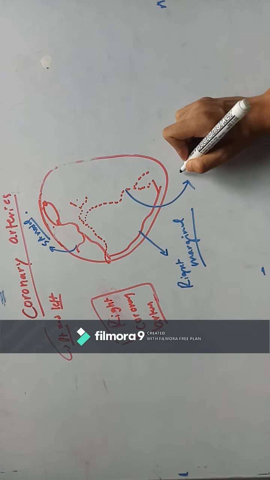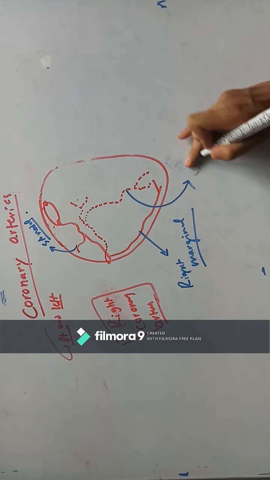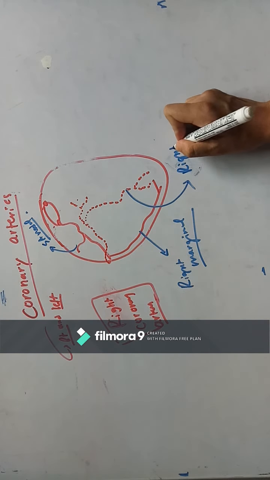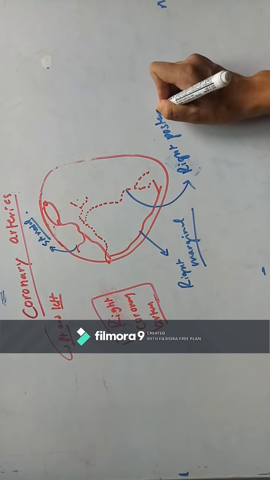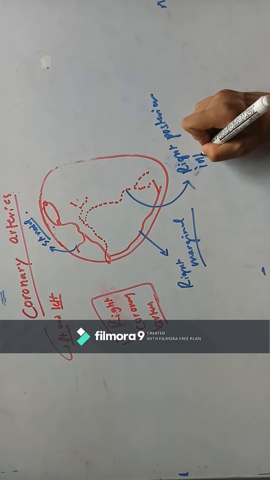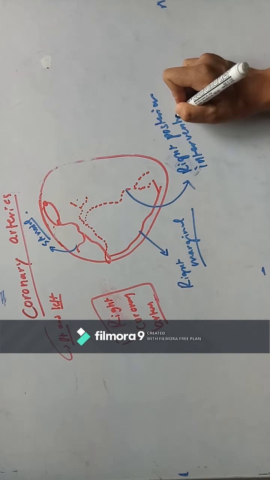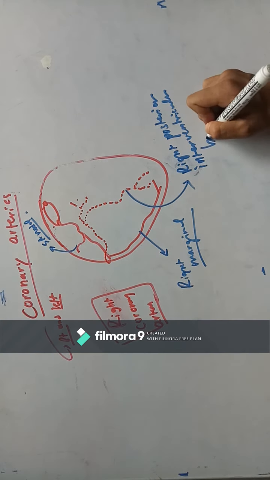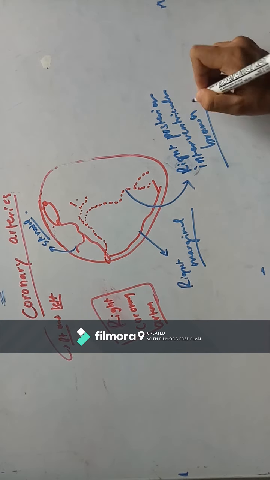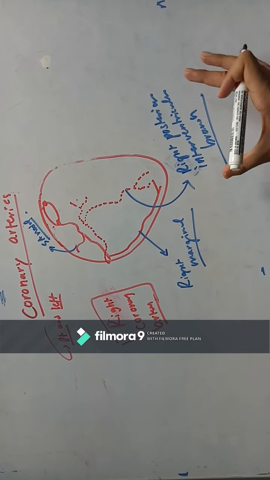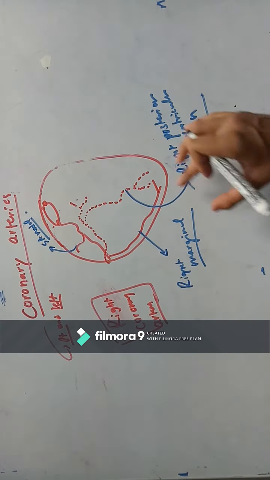And this one is really important. This one is the right posterior interventricular branch. It's a mouthful, but it has significant clinical importance.